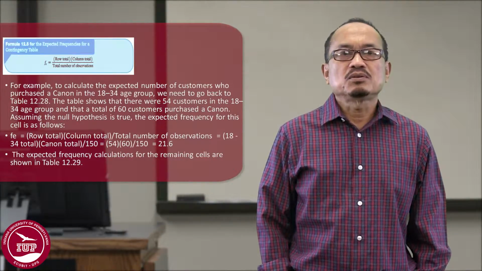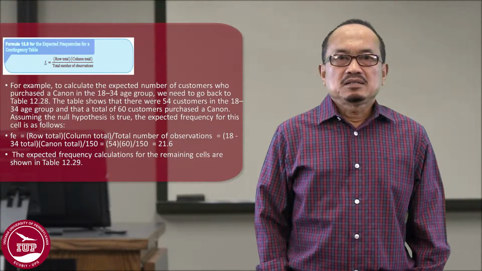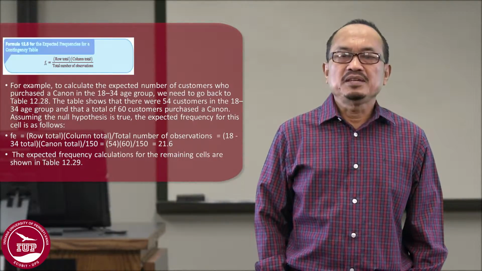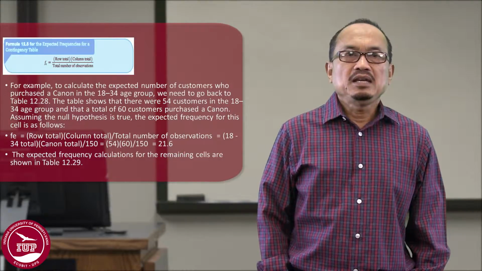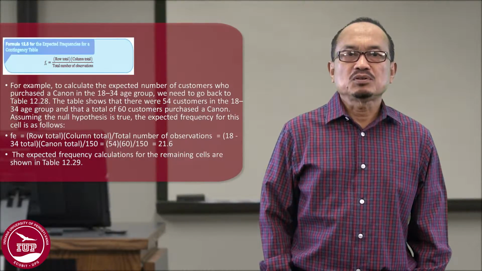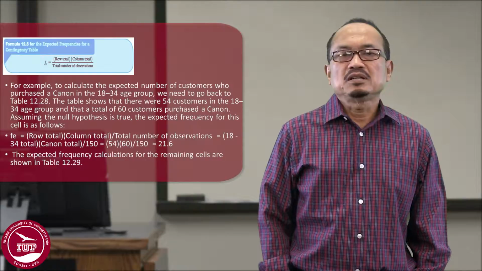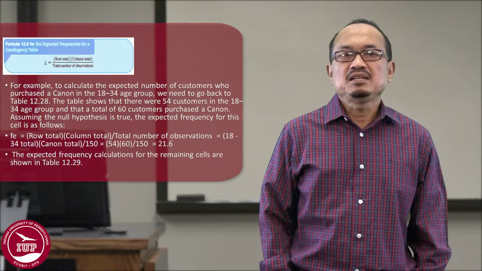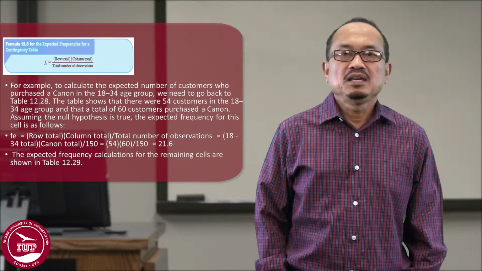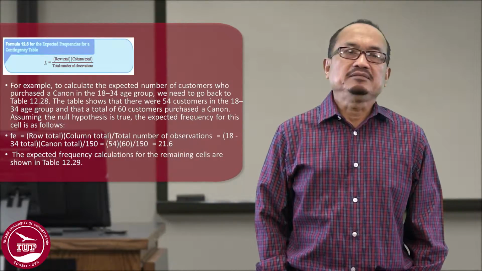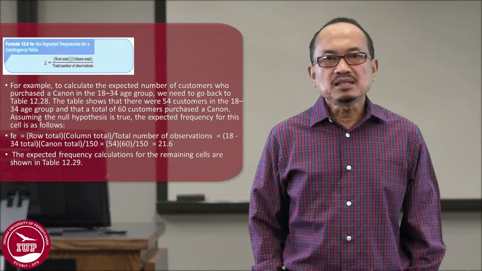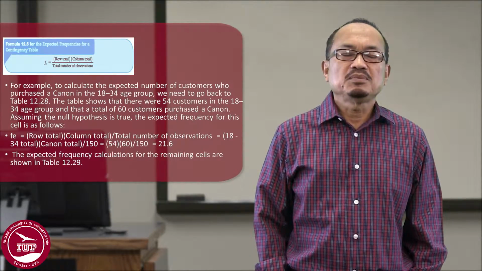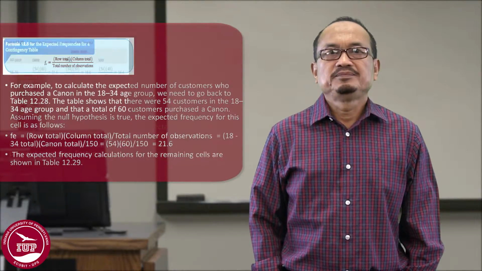FE equals row total times column total divided by total number of observations, equals 18 to 34 total times Canon total divided by 150, equals 54 times 60 divided by 150, equals 21.6. The expected frequency calculations for the remaining cells are shown in Table 12.29.